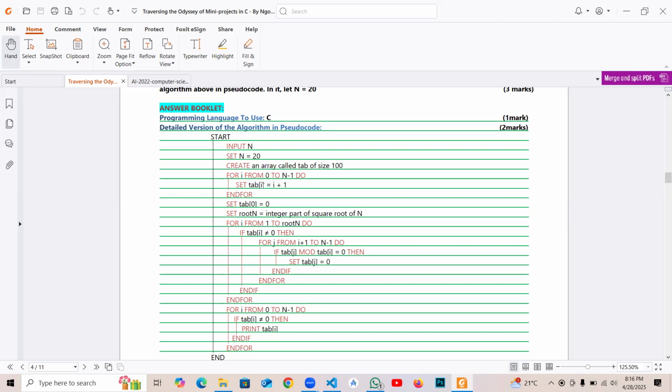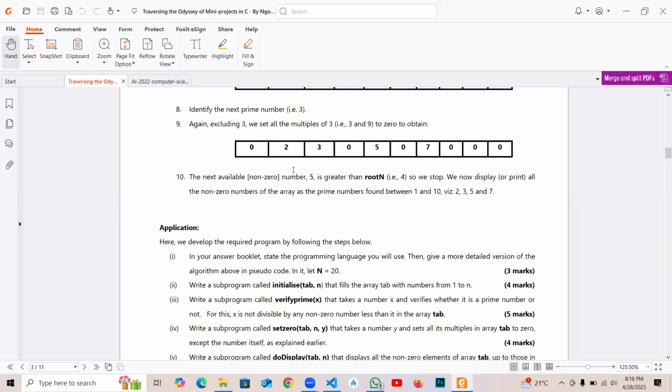So at index 0, we should put 1, because I is already 0 from the loop starting from 0, so 0 plus 1 will be 1. And we are going to set that 1 to be equal to the array at that position 1 here.